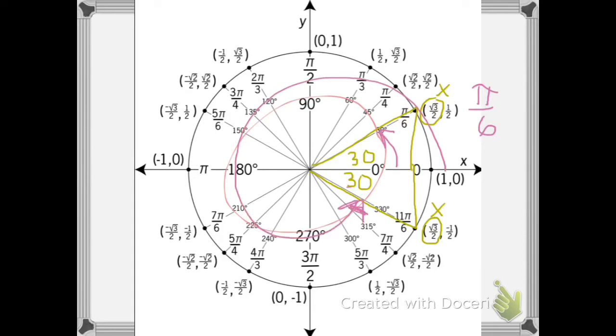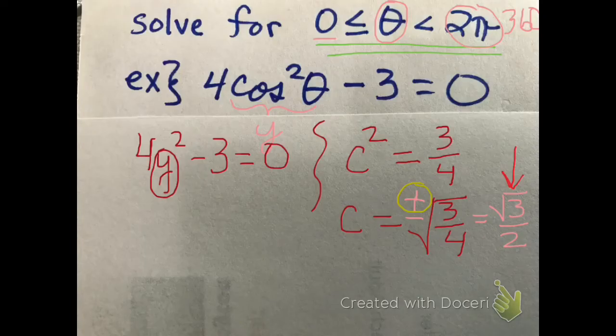Even though the reference angle is 30 degrees, the angle measure is 330, or 11 pi over 6. Okay, so for the positive scenario, we have pi over 6 and 11 pi over 6.